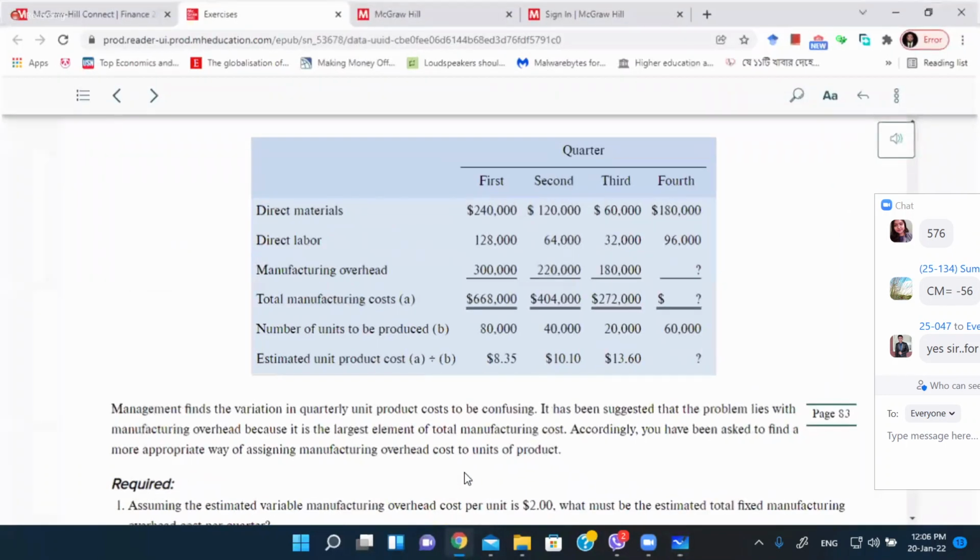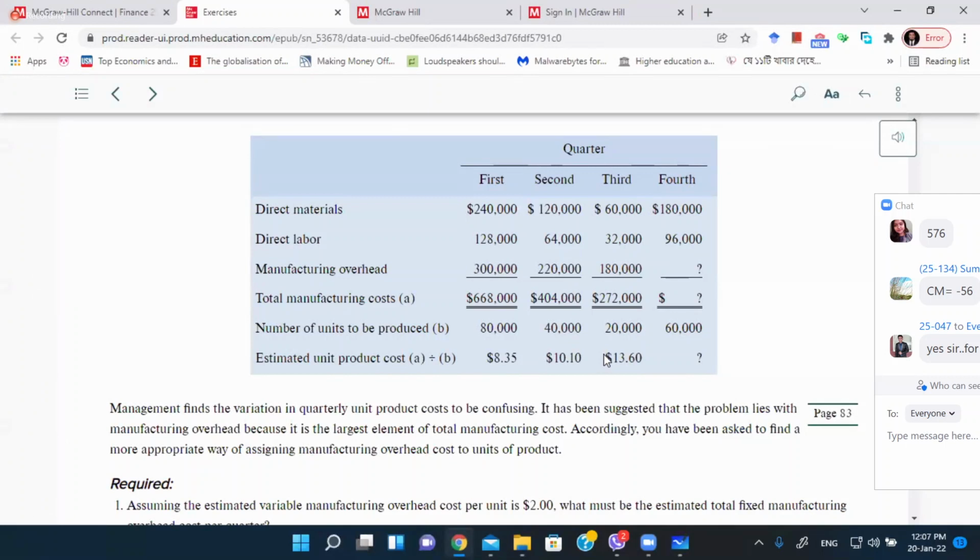Now your task is to get the same fixed manufacturing overhead for the third quarter and write the answer in the chat box very quickly. Get the variable manufacturing cost by multiplying 20,000 and $2, and subtract this amount from the total manufacturing overhead to get the fixed portion.